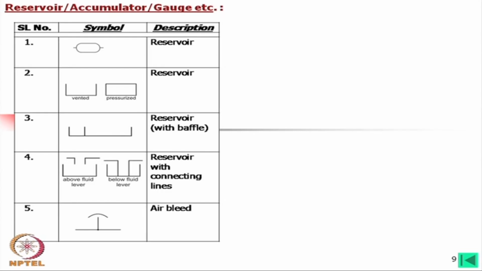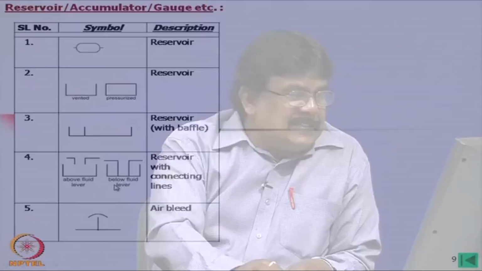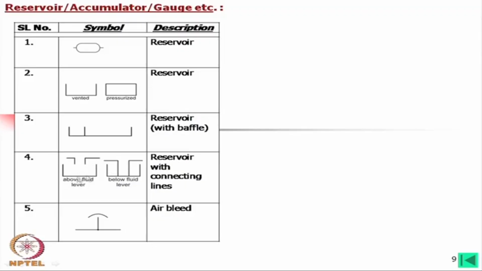Now, these connections you can show, then you can mention here that one is for suction, another is for return. But you should remember in both cases, both the suction and return have to be within the oil obviously, the return line also to be within the oil, otherwise there will be too much foaming. But this is a special case where you are keeping some lines above the oil, for pressure purposes. Okay. In that case you have to indicate like this.